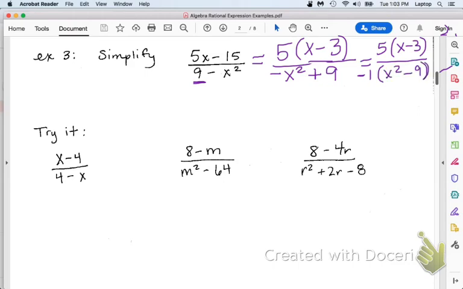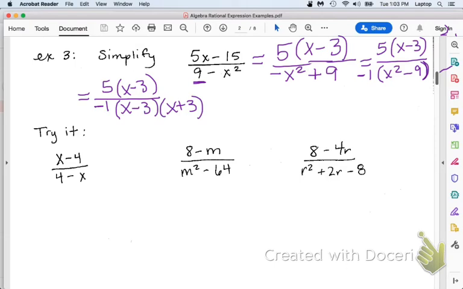And here is the difference of two squares pattern that we were talking about. So I would have 5 over x minus 3. I have this factor of negative 1, and I have x minus 3 times x plus 3. It's kind of like those conjugates from our quadratics unit.